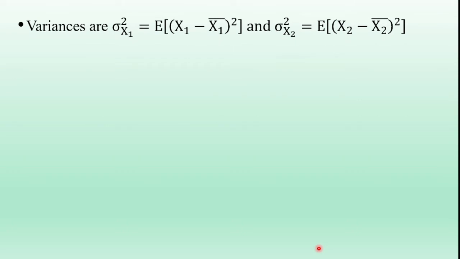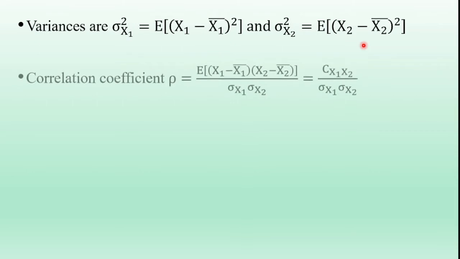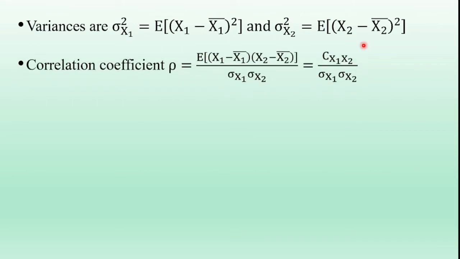Sigma_x1 square is the variance of the first random variable, expectation of (X1 minus x1 bar) whole square, and sigma_x2 square is the variance of the second random variable, expectation of (X2 minus x2 bar) whole square. And rho is the correlation coefficient between the two random variables X1 and X2, given by expectation of (X1 minus x1 bar)(X2 minus x2 bar) divided by sigma_x1 into sigma_x2.